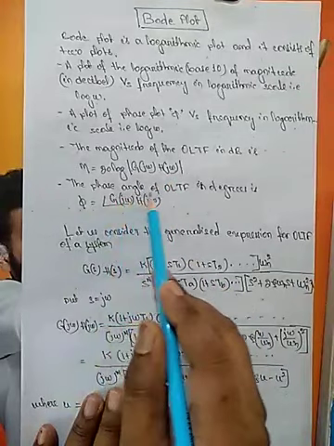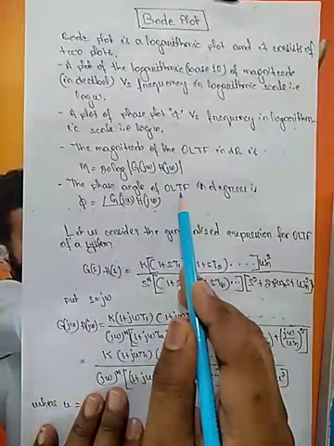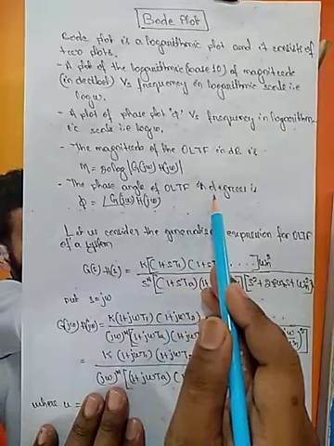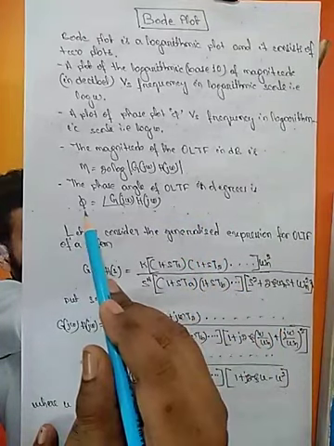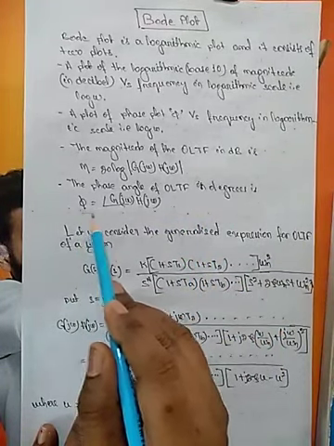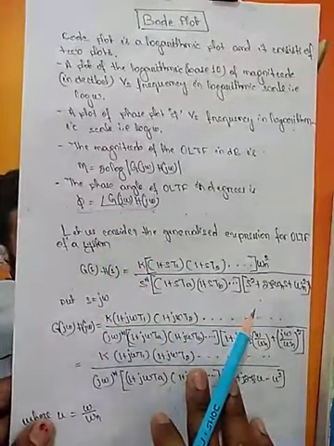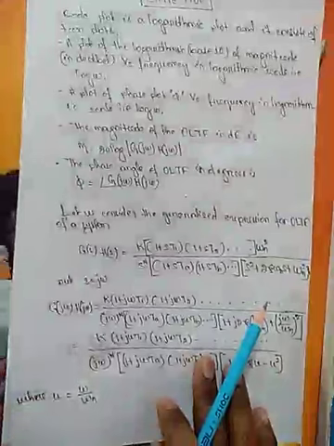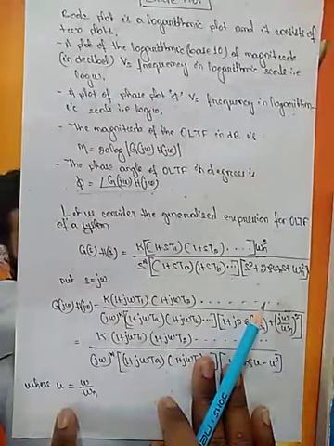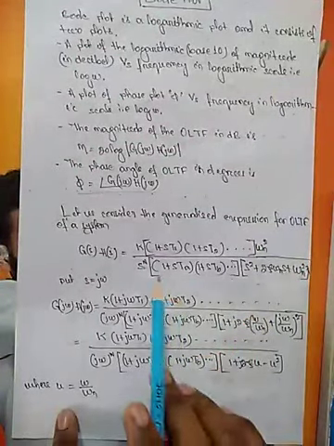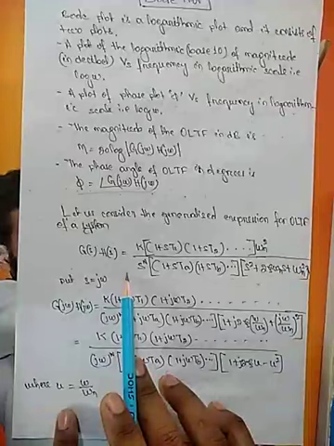And the phase angle of open loop transfer function is measured in degree and mathematically it is expressed as phi is equal to angle of G of j omega and H of j omega.